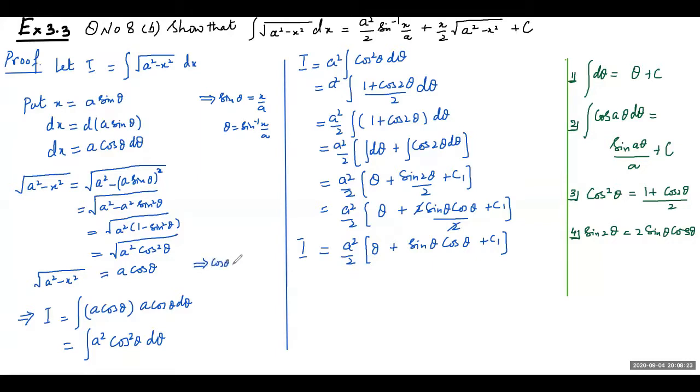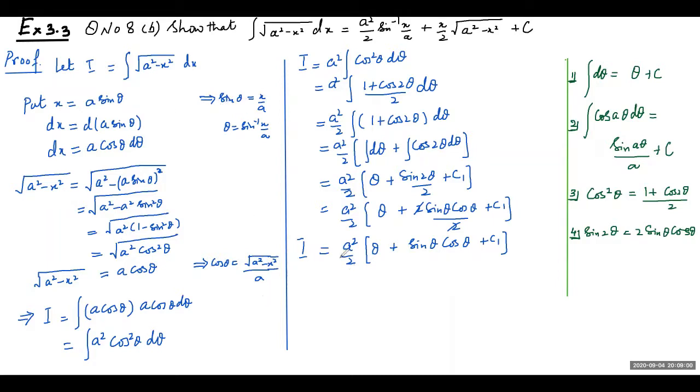Cos theta will become square root of a square minus x square divided by a. This will be the value of cos theta. Write these separately. You must be able to see these separately because we are going to use these results over here, and we have evaluated these results from here. For that purpose, I have left some blank space over here.